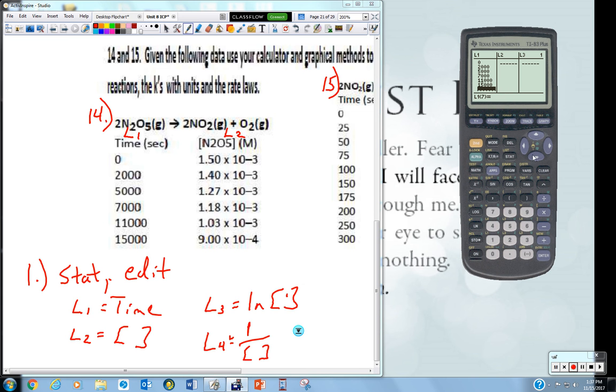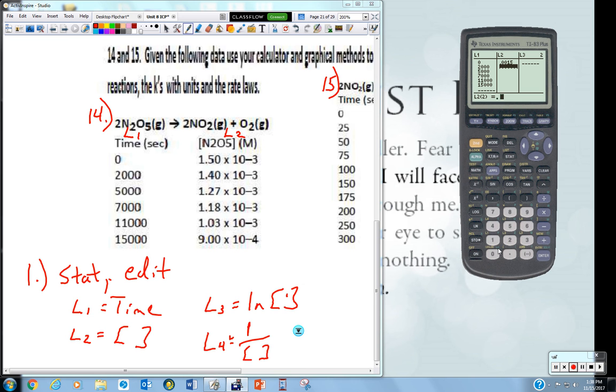All right, then you go to your L2 column, and in this one you're going to just enter in what you see. So 1.5. Don't forget to put it into your scientific notation, or you could just go ahead and put in the numbers how they're supposed. Otherwise, it'll be -3.